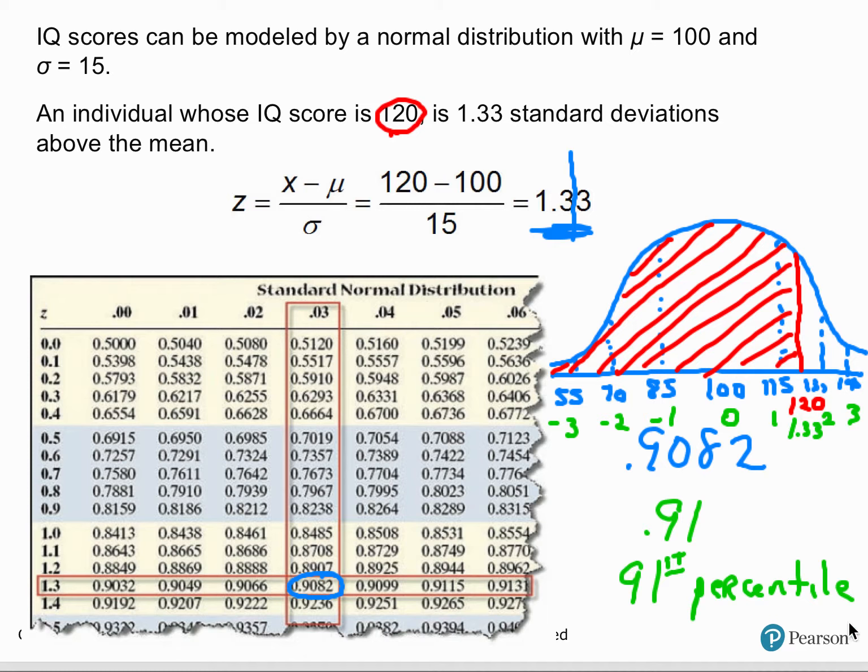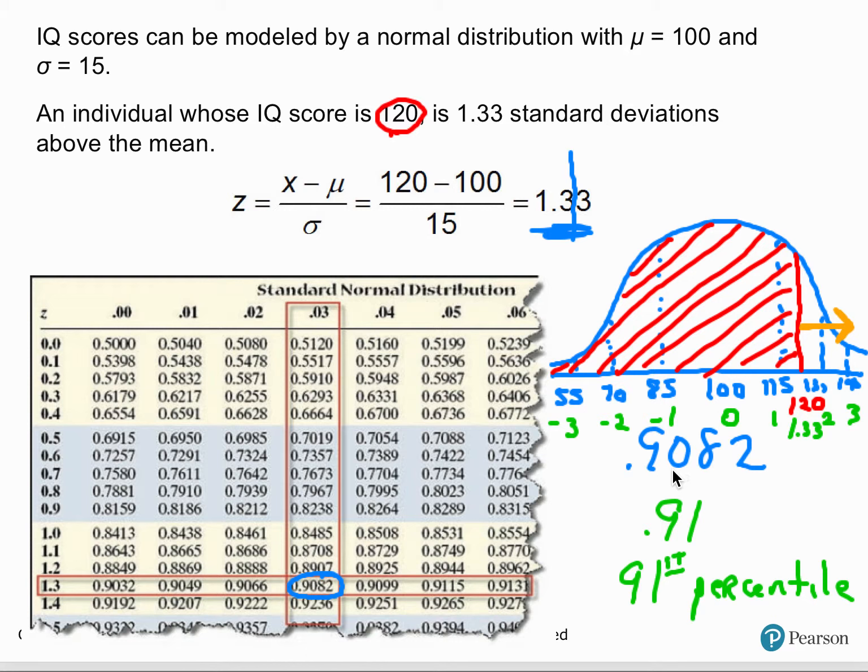Now, if we would have needed this area, what's the probability that a person's IQ score is more than 120?